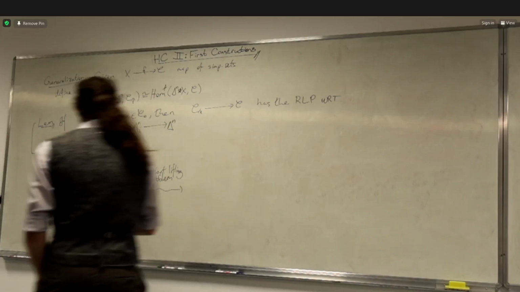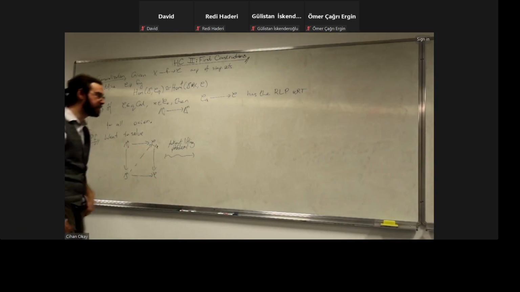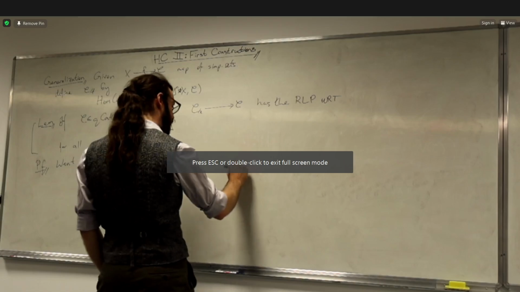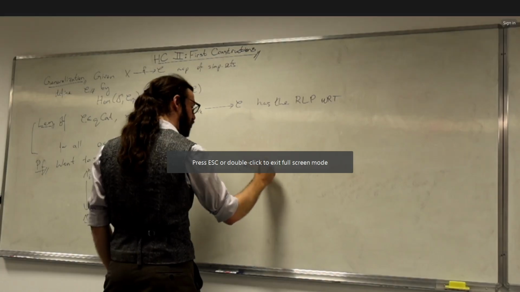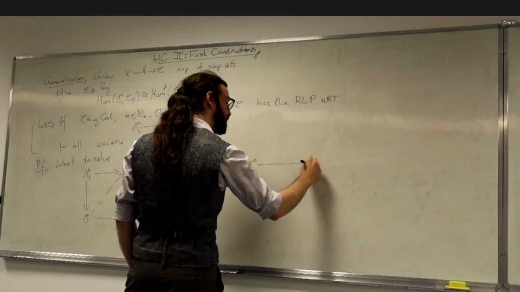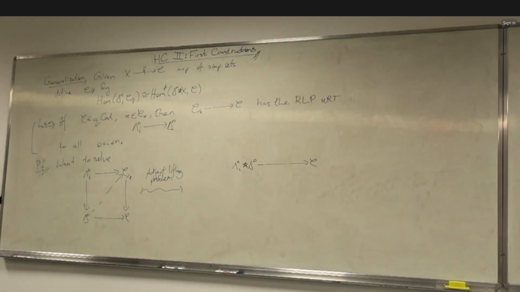Well, we notice that this top map from lambda n i to C over X is going to be the same thing as a map from lambda n i join with delta 0 to C. Everyone okay with that?